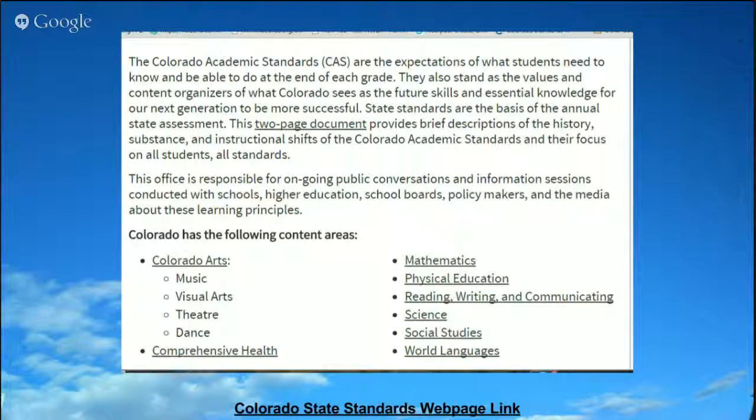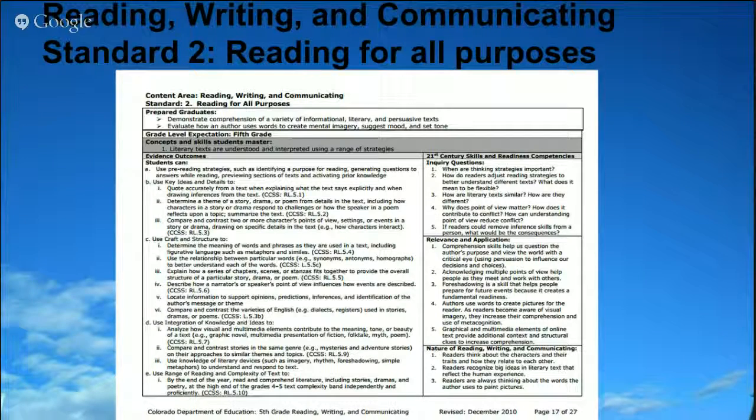You'll see on this page a listing of the topics that are covered by the Colorado State Standards. Now, inside every curricular area, there are specific skills that the students must master. And that is the screen that you see in front of you. I've taken one of the state standards, which at the top is State Standard 2, Reading for All Purposes.